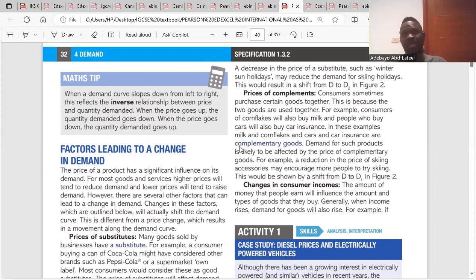As a result, the demand for the goods that it's being used with might also increase. For example, if the price of the laptop falls, the demand for the laptop might rise, and as a result, the demand for the charger would increase. That is the point. That's what complements are.